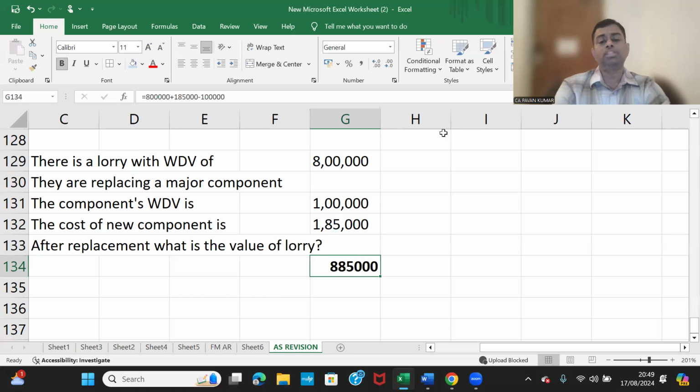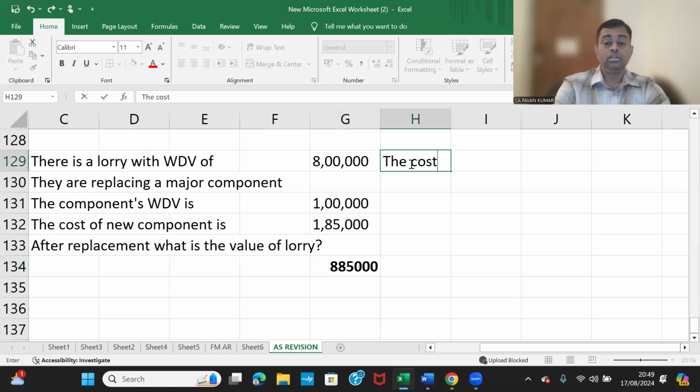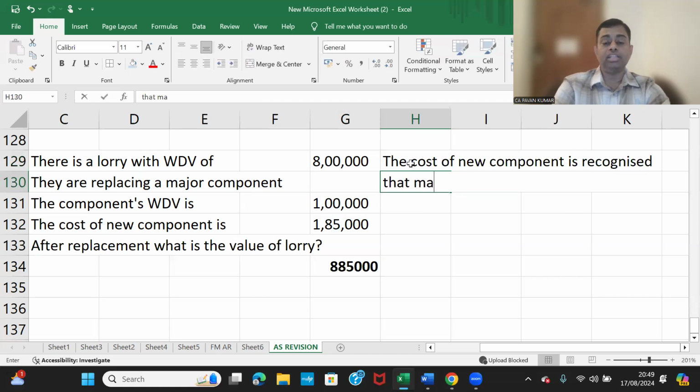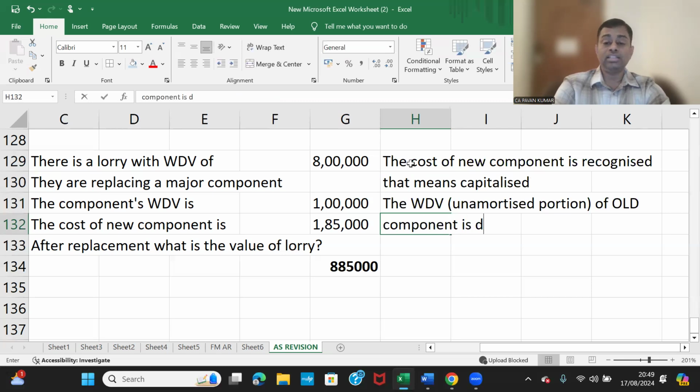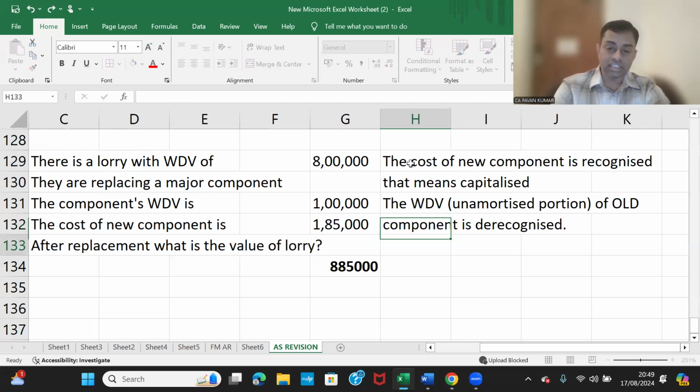So what did we do? Common sense. The cost of the new component is recognized, that means capitalized. The written down value, which is the unamortized portion of the old component, is de-recognized. This is the standard.